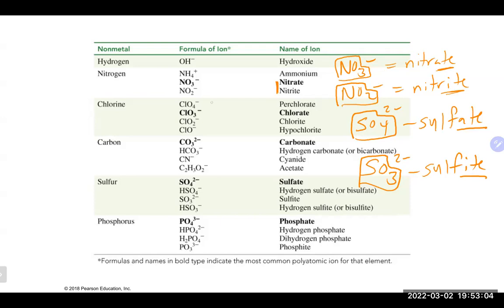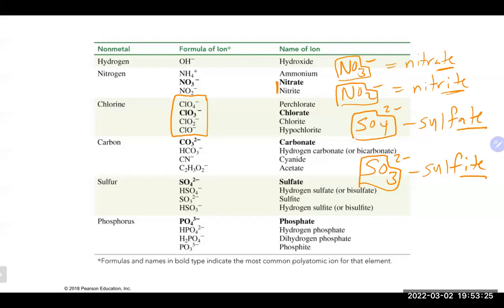There is a group of 4 that are related to each other, which we see here. And that is ClO4-, ClO3-, ClO2-, and ClO-. The only difference between all those is the number of oxygens. They all have a -1 charge.